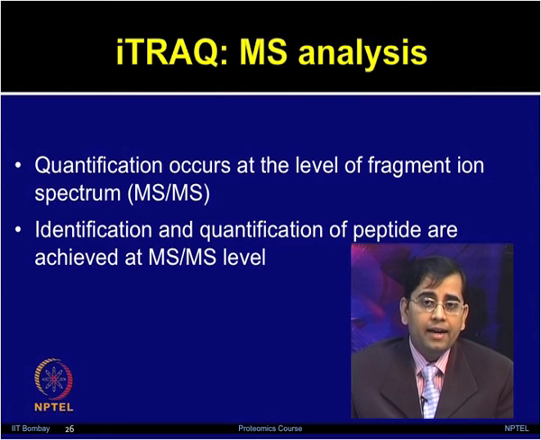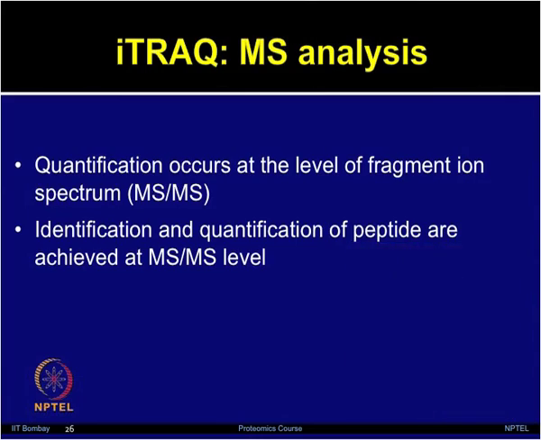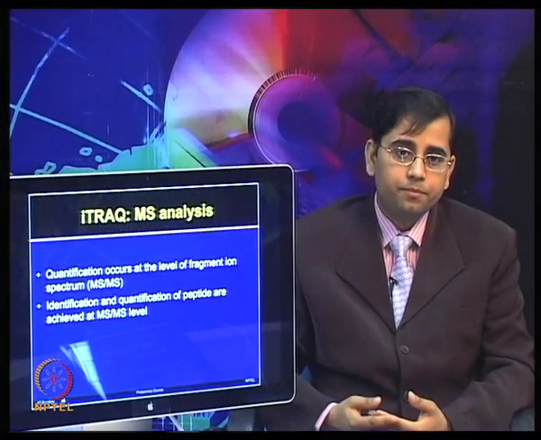So, it shows identical fragment ion series for the peptide-derived fragments, but it shows low mass reagent-derived fragment ions that indicate the sample of origin and permit the quantitation. So, identification and quantification of peptides are achieved during the MS-MS analysis.